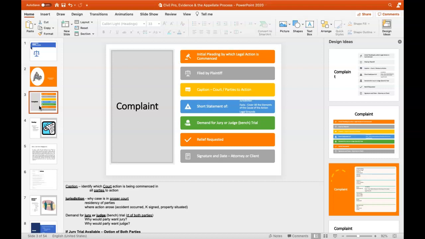The complaint must contain the basic elements of the cause of action. The complaint must include a caption which states the name of the court and the parties to the action.